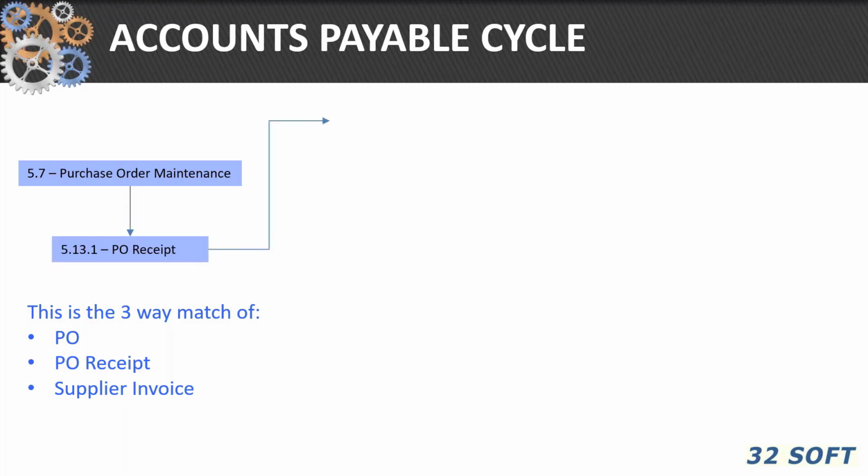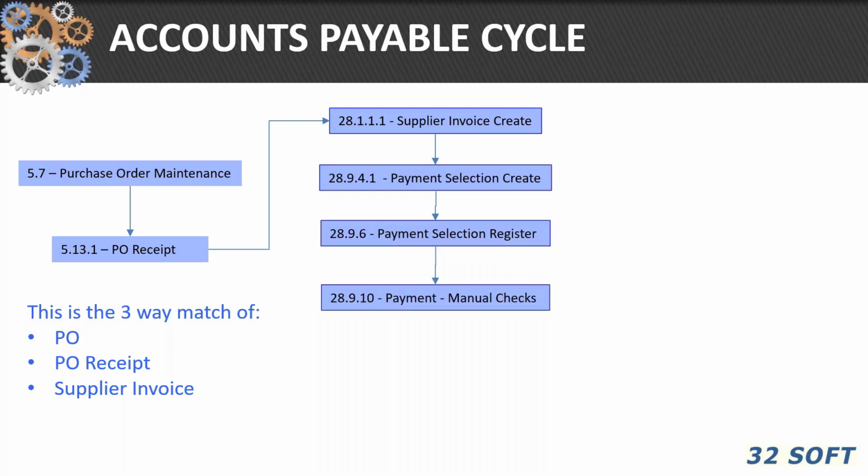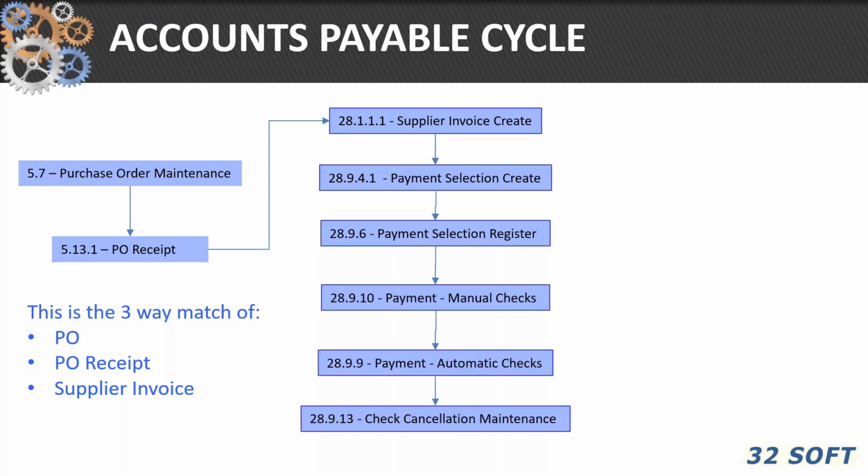So you're going to do your PO receipt. Your PO receipt is going to be then matched to a supplier invoice that you're going to receive from that supplier. Then you're going to do a payment selection against those. You've got a register that you're going to generate. You can do manual checks. You can do automatic checks.